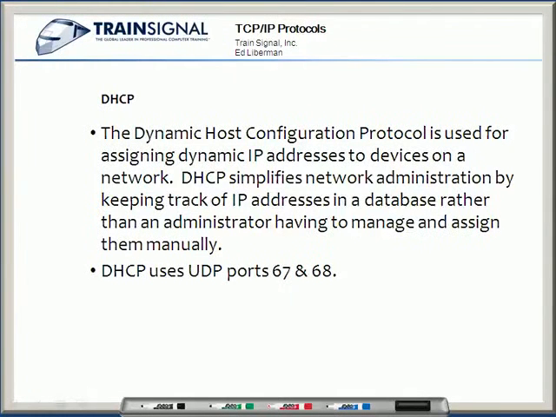It uses broadcast transmissions. So if you have a DHCP server on one side of a router and DHCP clients looking to get their IP addresses on the other side of a router, the communication's not going to pass through that router unless you enable those DHCP broadcasts on the router.